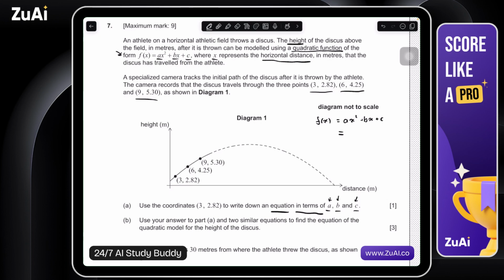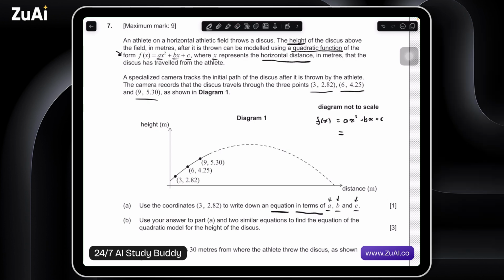The height, right? So we can almost call this h. And we have these coordinate points. So we know after the discus has traveled a horizontal distance of 3, it's 2.82 meters in the air. And at a distance of 6, it's 4.25 meters in the air, and so on.